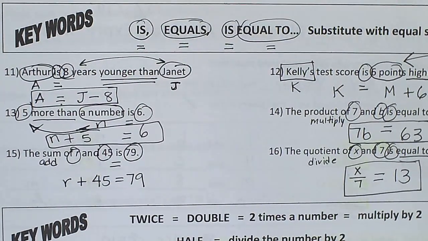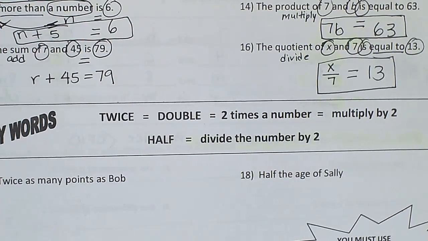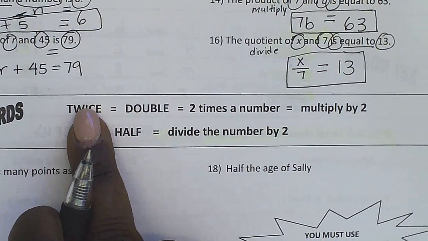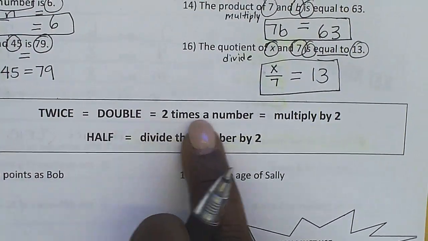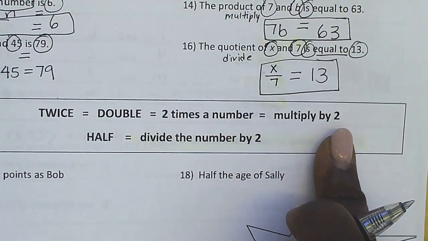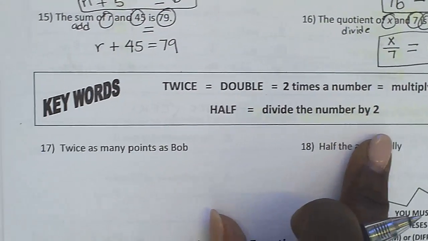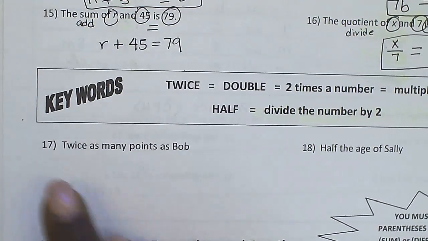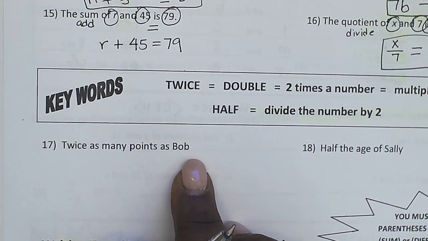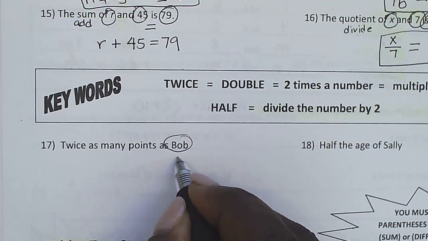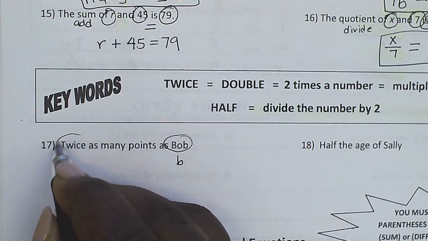One more. Keywords. Twice, double, means 2 times a number or multiply by 2. Half means to divide by a number. So 17, twice as many points as Bob. That would be, let's make Bob B, it'll be twice as many.